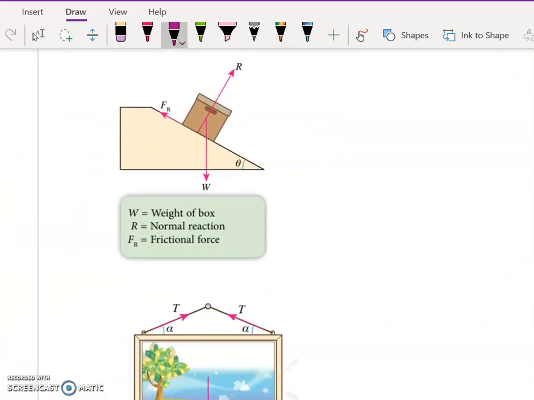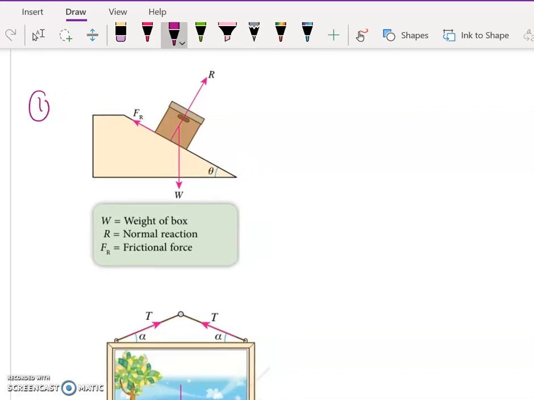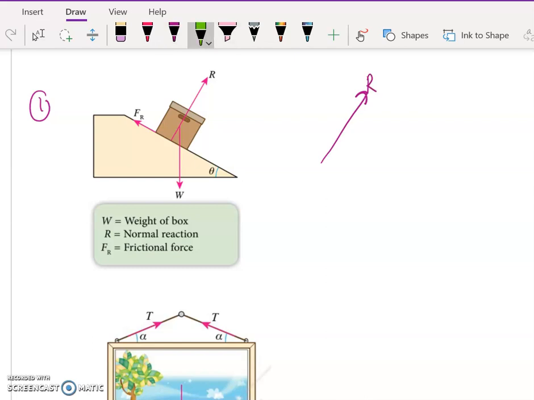Okay, so for question number 1, I have R, and then I'm going to move W, connect it with R, acting downward, and last one, connect W with frictional force. So that is your triangle of force for question 1.